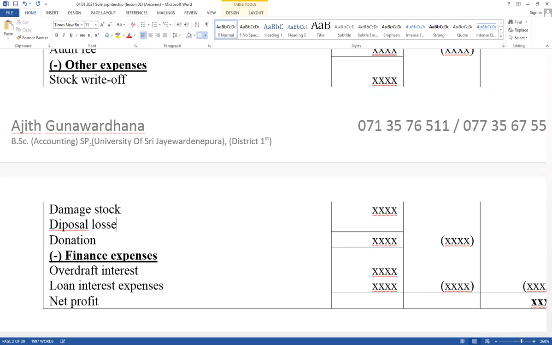Property, plant, and equipment are land, building, motor vehicle. If there is a disposal loss, that value also should be included under other expense.